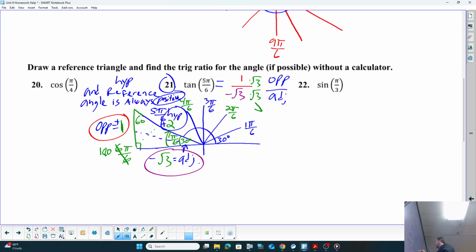So our final answer is 1 times radical 3 is radical 3, divided by, it's going to be negative. Don't forget the negative. And then radical 3 times radical 3 is 3 times 3 is 9, and the square root of 9 is 3. So we get negative radical 3 over 3 as our answer to tangent of 5 pi over 6.